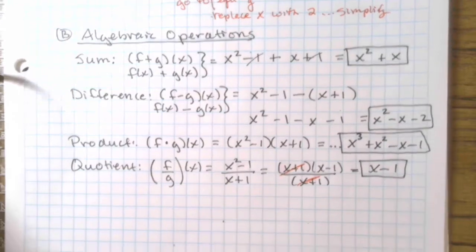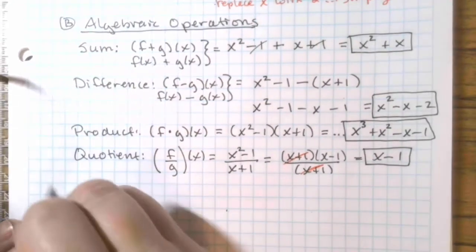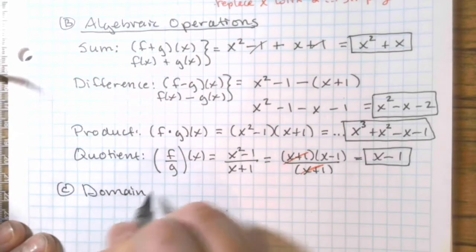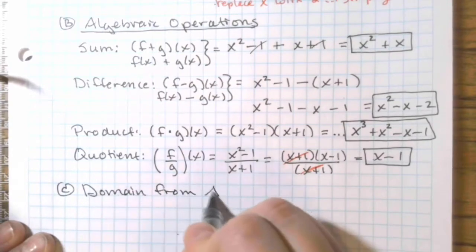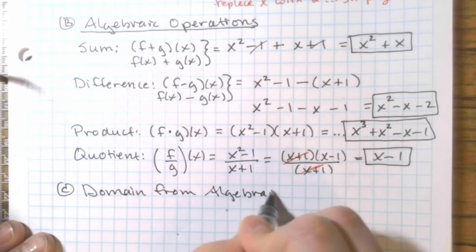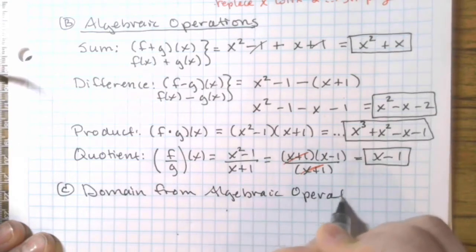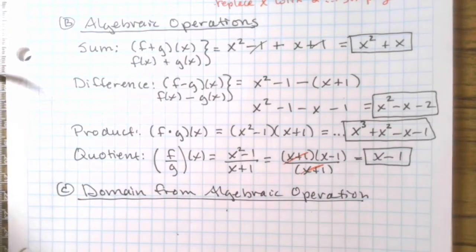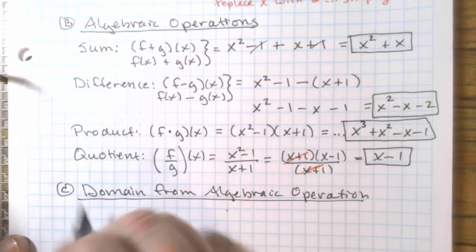When you're dealing with algebraic operations, we're going to go to C. The domain of the function from an algebraic operation, which is what the 4 things that we just did. Basically, there's 3 things you need to remember.